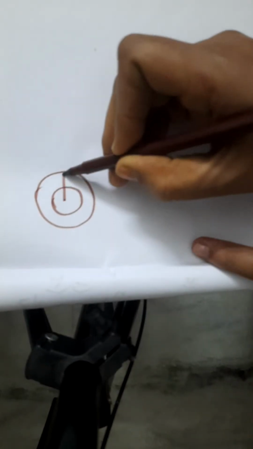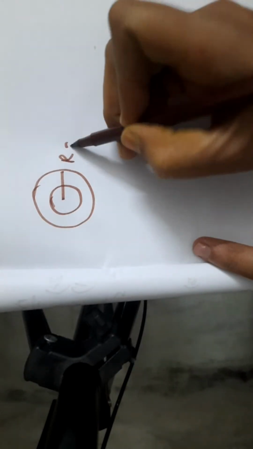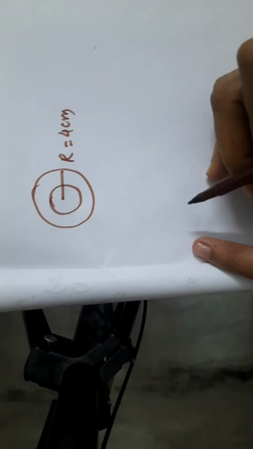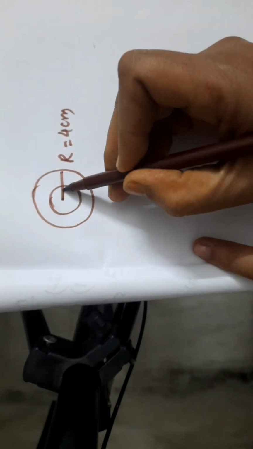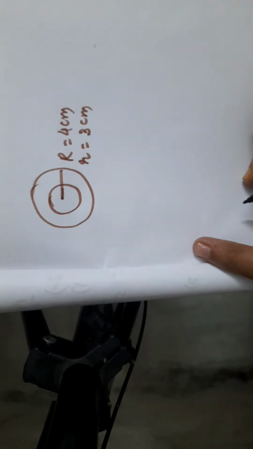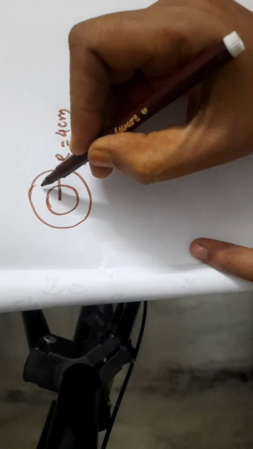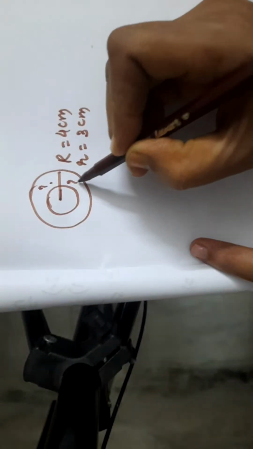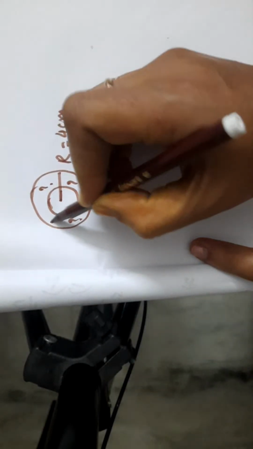Before it had radius 4 cm. Let it be capital R of the outer circle. Now for the inner circle, small r, the new radius is 3 cm. It is being removed. They are asking what is the area of the remaining portion. So this is the remaining portion, which is a ring.